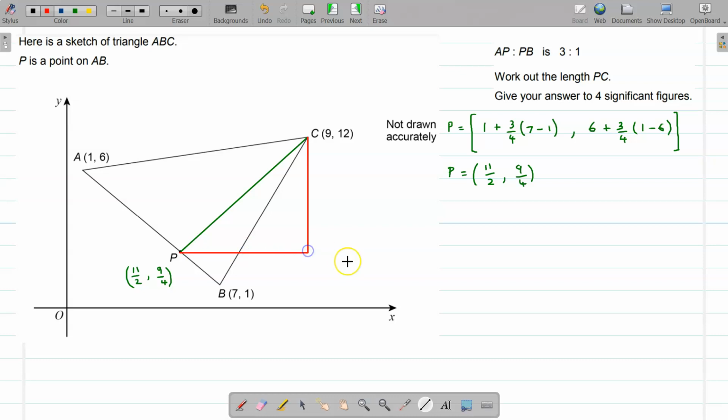Okay, and the two lengths that I've just drawn in red, well, this is going to be 12 minus 9/4. And this length across here is going to be 9 minus 11/2. Okay.